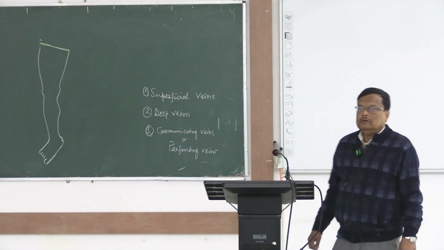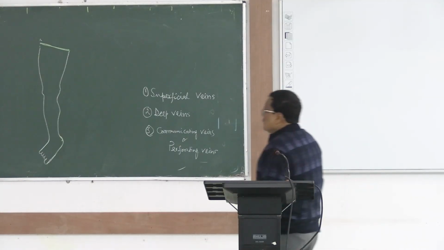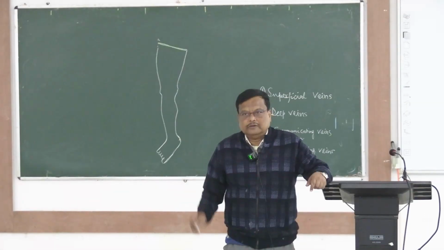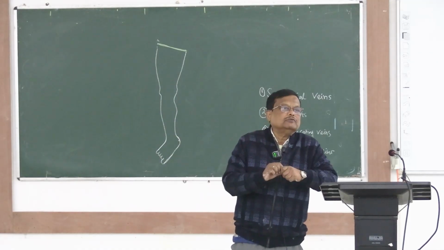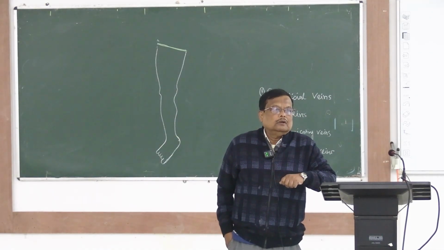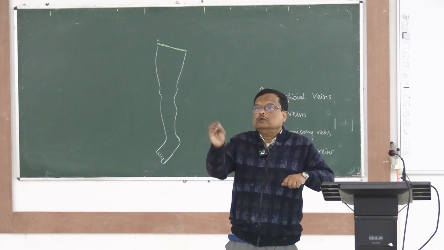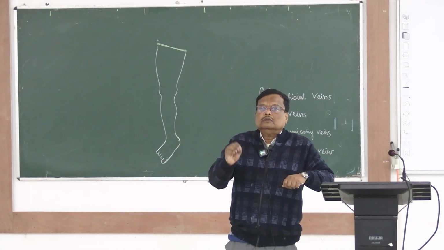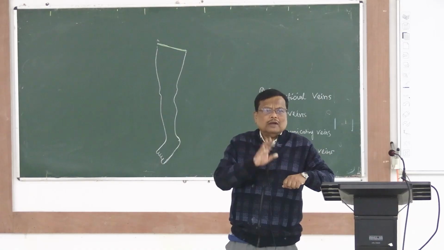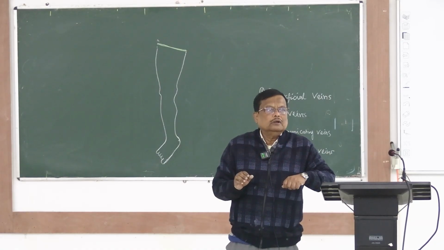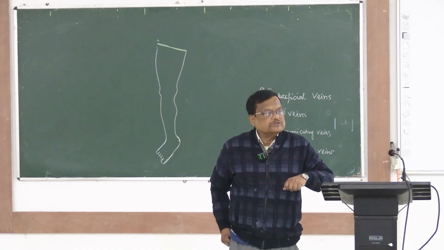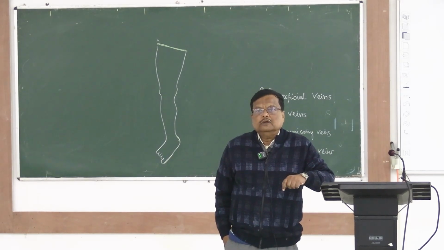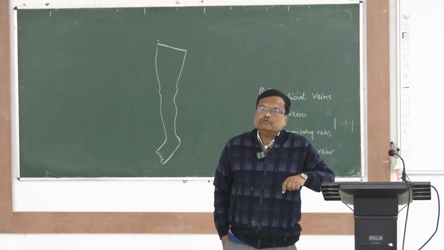What are they? If we cut the skin and reflect the skin one on either side, you will find the superficial fossa. In the superficial fossa, you will find veins. There are small unnamed veins, which are not important, but some long veins are named.